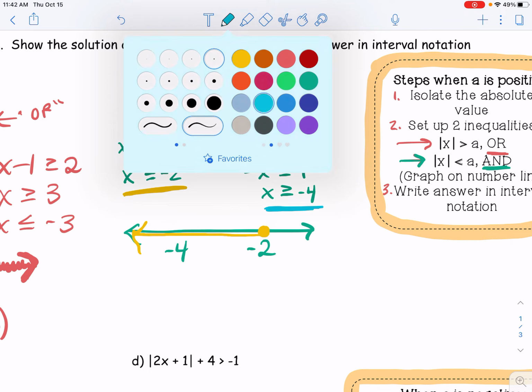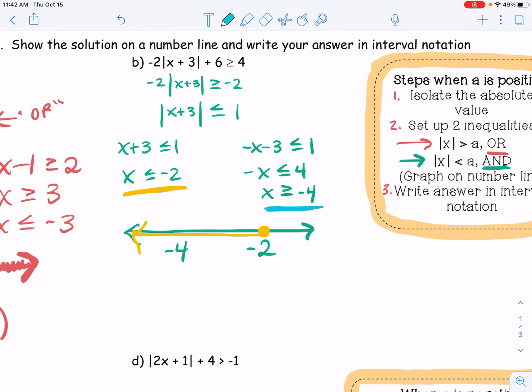If I go to that blue color and I want to shade x is greater than or equal to -4, it would be a solid circle at -4, and it'd be everything to the right. So where do I see the blue and the yellow together? Where is it true for blue and for yellow? In that middle region, which is from -4 to -2.